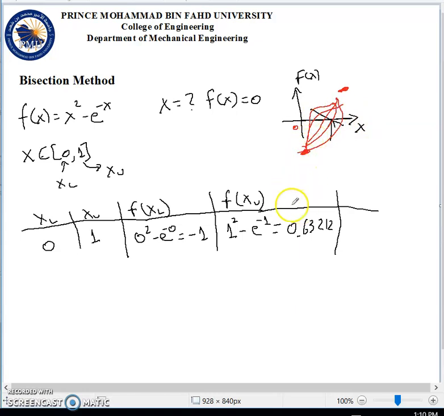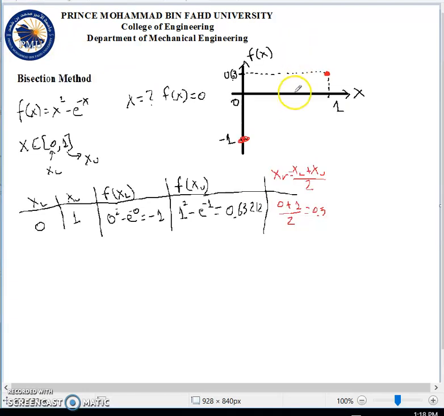Okay. So the next step is to go to the middle of this domain, at 0.5. I'll write here xr equals x lower plus x upper divided by 2. So here we'll have 0 plus 1 over 2 equals 0.5. Now, in the middle of this domain, which we said is 0.5, I want to check if the function has a positive or a negative value.